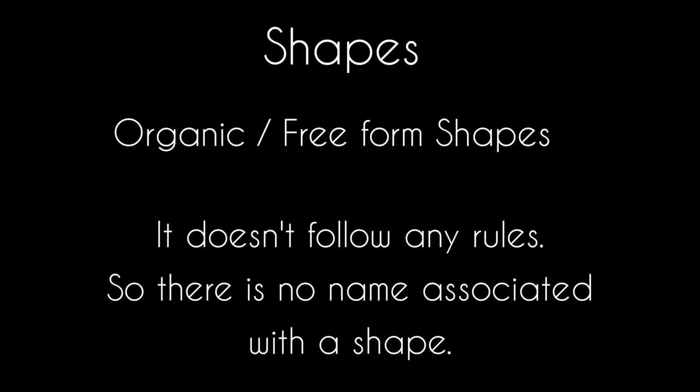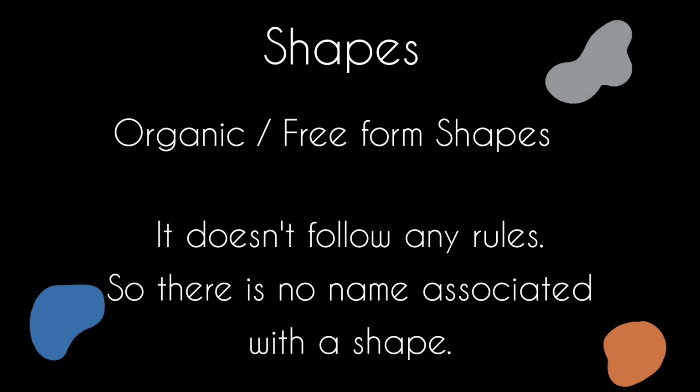Now we will look into the organic or free form shapes. Just as the name says, they are free form shapes, they don't follow any rules, so there is no name associated with any particular shape. This can be like a silhouette, like drawing the shape of your foot, or the shape of a bird flying, or the shape of a tree.